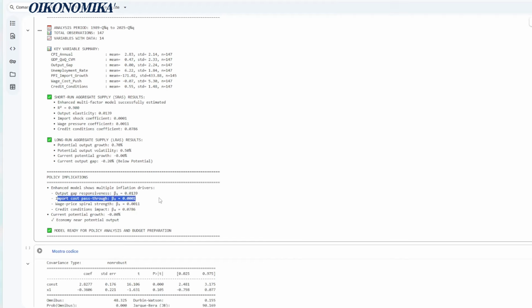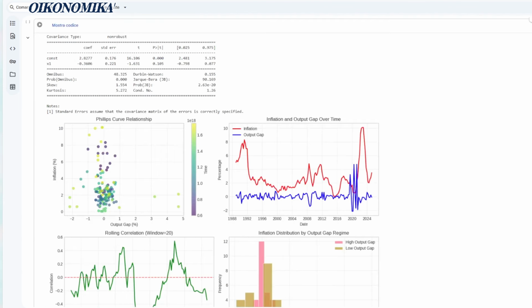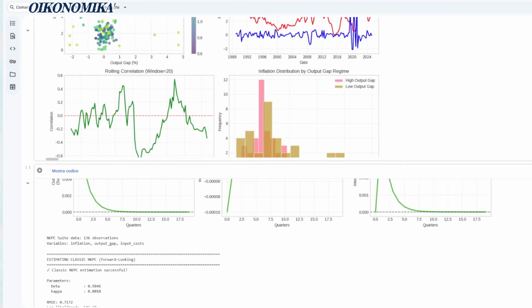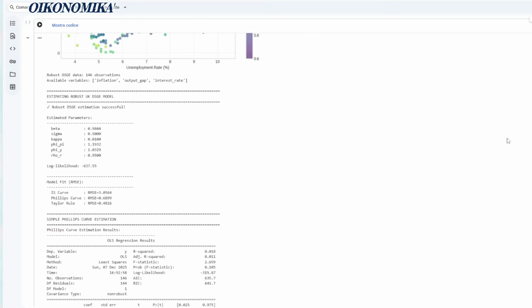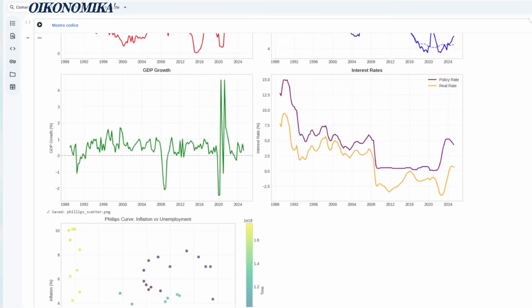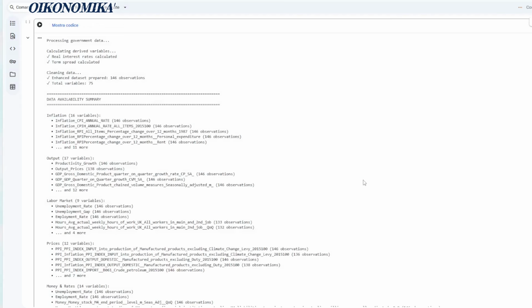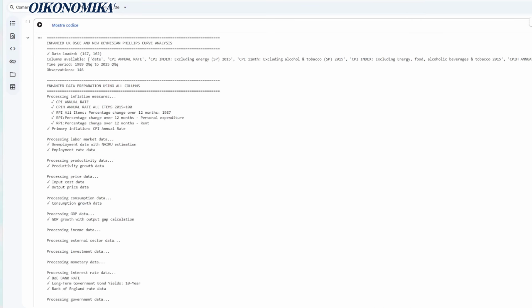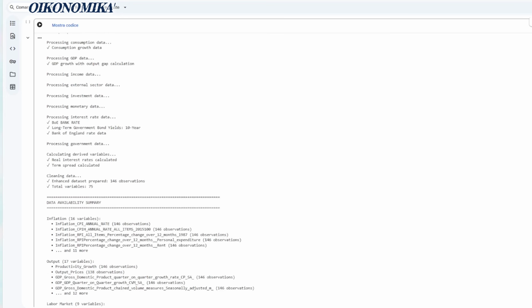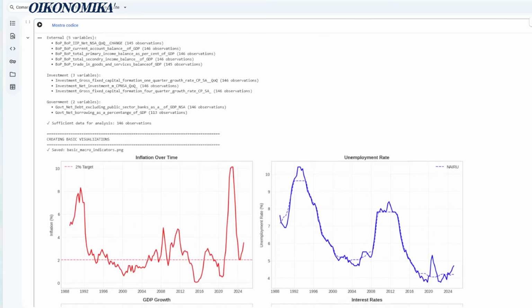But you have an import cost pass-through effect, some wage price pressures, and the credit conditions, so the financial friction component that I have illustrated before. And here we have a more expanded version of the DSGE model, a dynamic modeling of the Phillips curve.